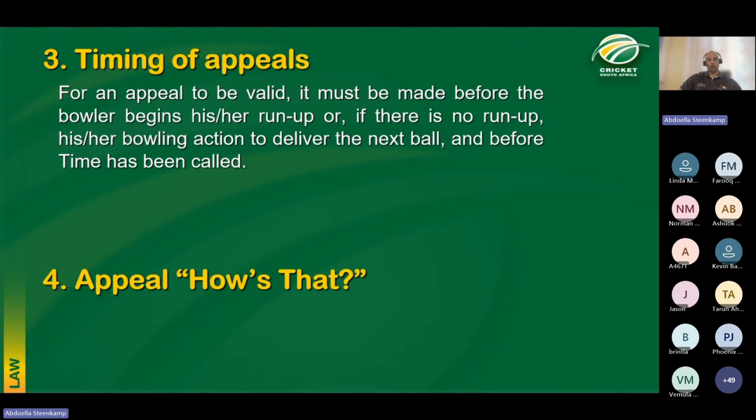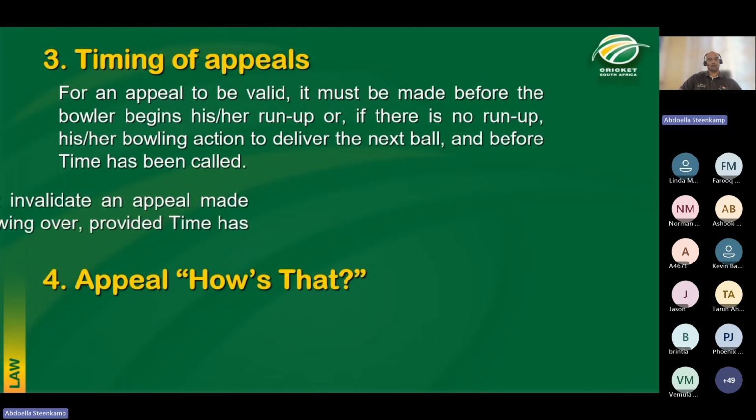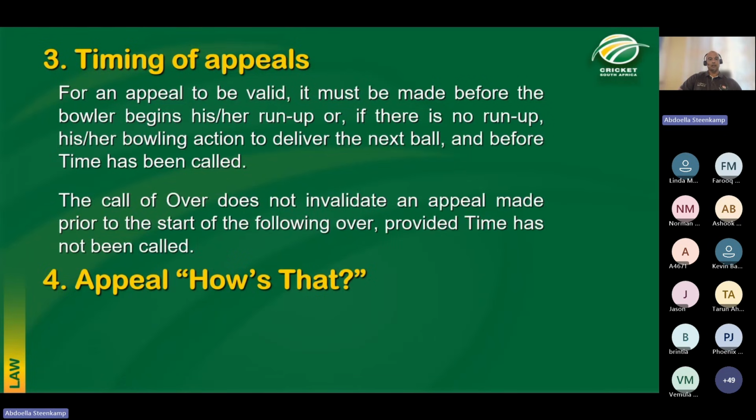So before the next ball is bowled, and before time has been called, that appeal is still valid. Also, even a call of over does not invalidate an appeal. As long as the next ball is not bowled, as long as the bowler did not start his or her run-up, that appeal is still valid.